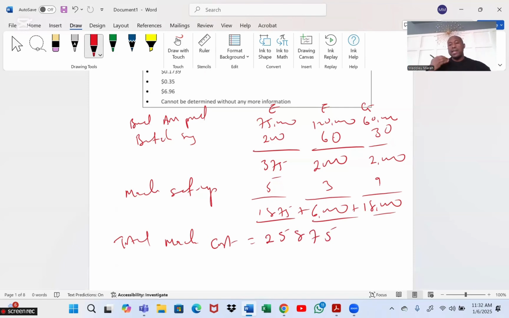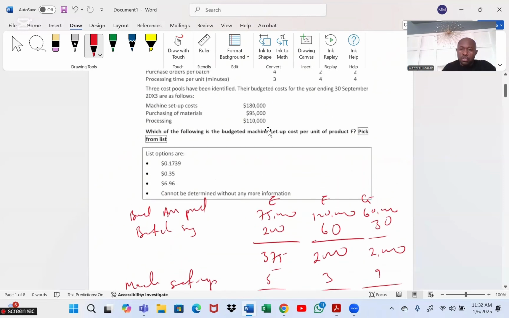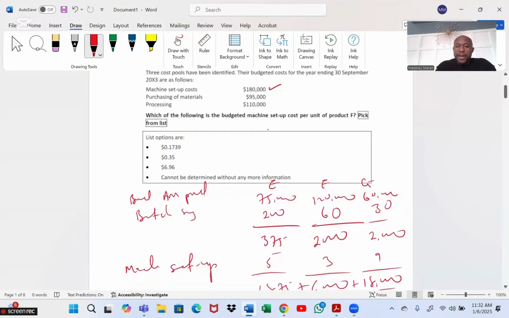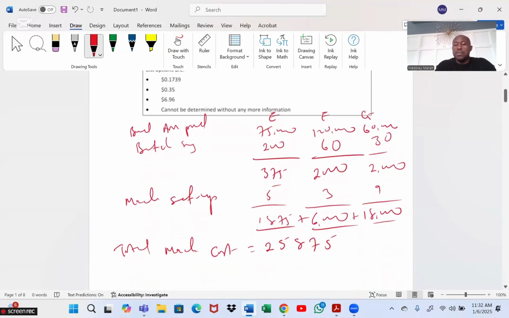But our next step now is to calculate our cost driver rate. So what's our machine setup cost? Our machine setup cost is 180,000. Look at this one, machine setup cost 180,000. We divide 180,000 by the activity. The activity is machine setup, which is 25,875.